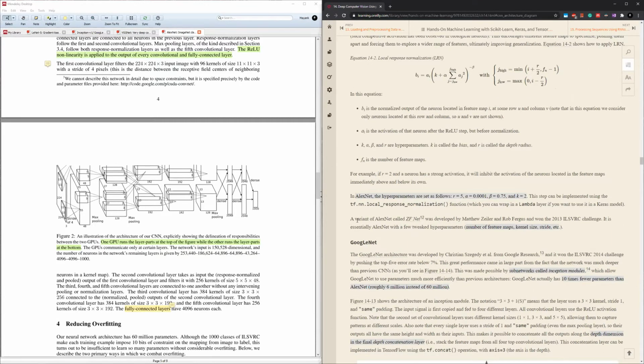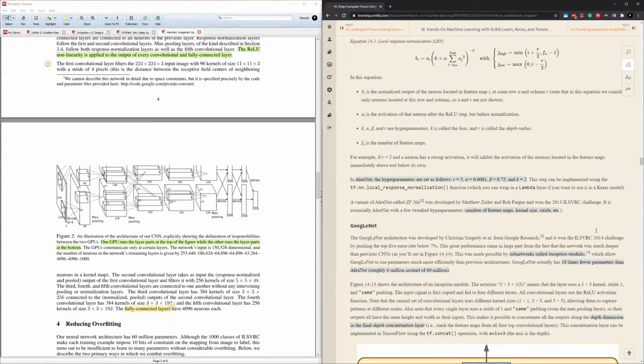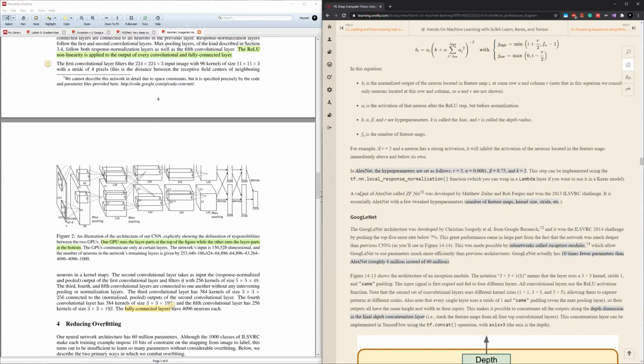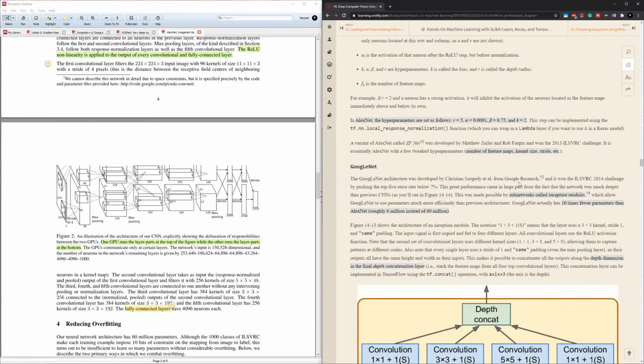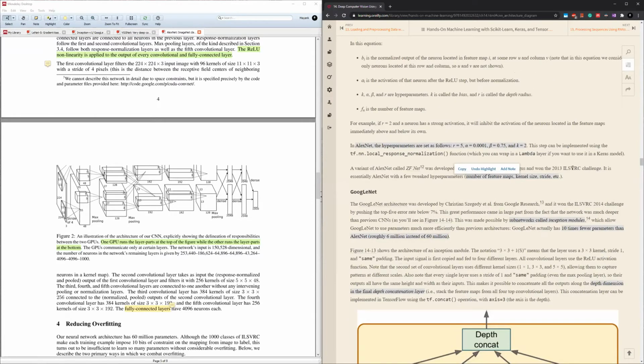And a variant of AlexNet, they have then defined ZFNet. I haven't looked into this, which won the 2013 ILSVRC challenge. And it's essentially AlexNet with a few tweaked hyperparameters. So I always thought VGG won that. You know, AlexNet won the first year, and then VGG won the next year, and then Inception won the year after that.